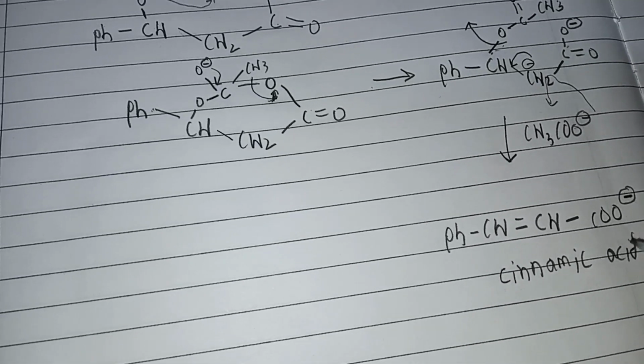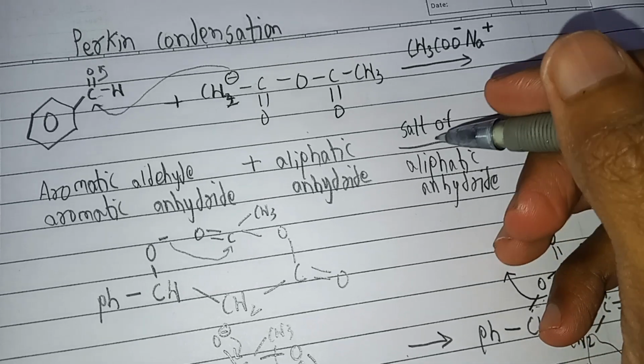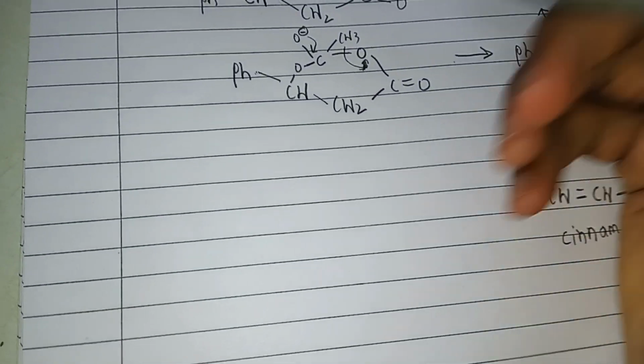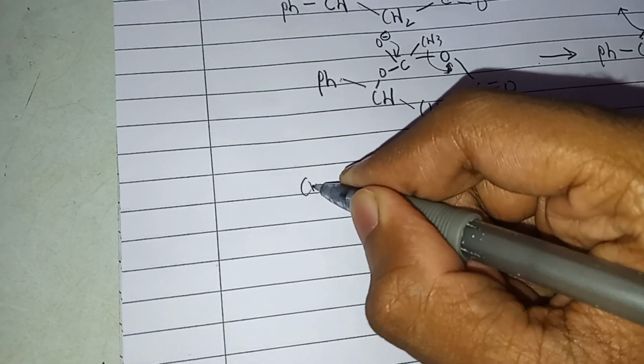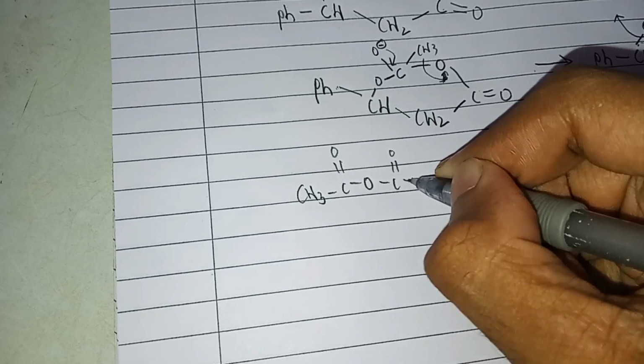Now I was also about to explain why we use only the salt of the aliphatic anhydride. So let us understand with the example itself. You have here CH3 C double bond O, C double bond O, CH3.